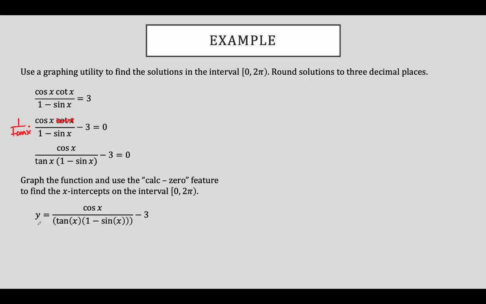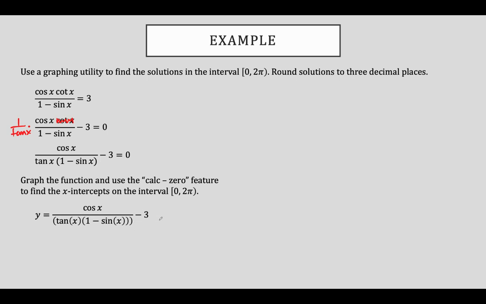So we go to y equals, and we type in cosine x divided by, and we need to be very, very careful. We need parentheses around our entire denominator. So that becomes a parentheses, tangent of x, I close out my parentheses there, parentheses 1 minus sine x, close parentheses, that closes out this grouping here, and one more parentheses will close out everything in the denominator.